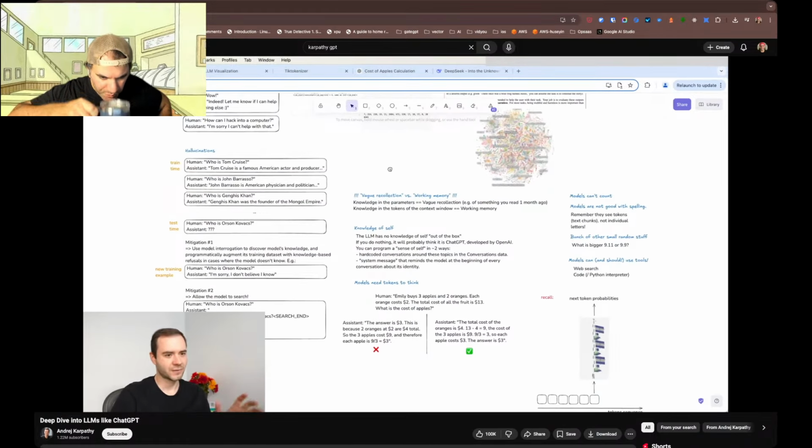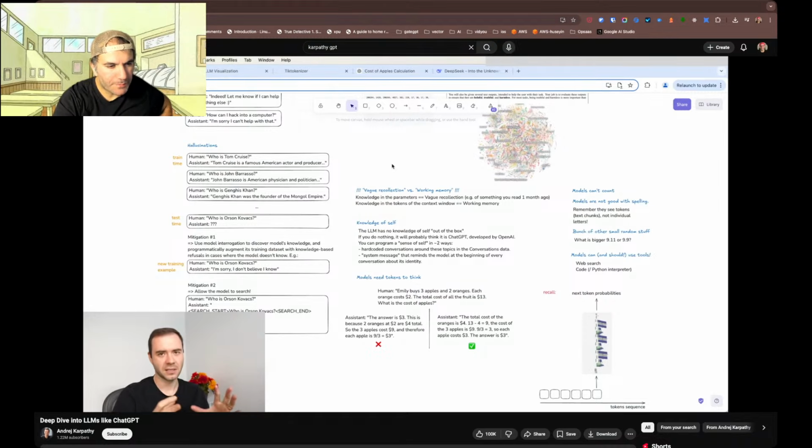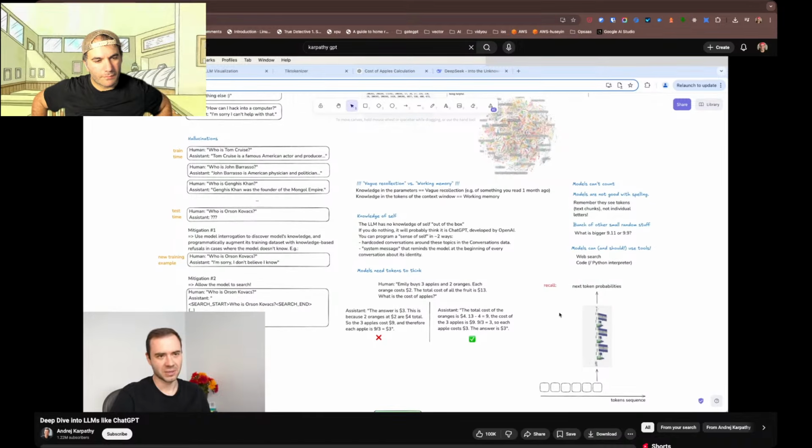And then we kind of shifted gears and started talking about some of the cognitive implications of what this assistant is like. And we saw that, for example, the assistant will hallucinate if you don't take some sort of mitigations towards it. So we saw that hallucinations would be common, and then we looked at some of the mitigations of those hallucinations. And then we saw that the models are quite impressive and can do a lot of stuff in their head, but we saw that they can also lean on tools to become better.